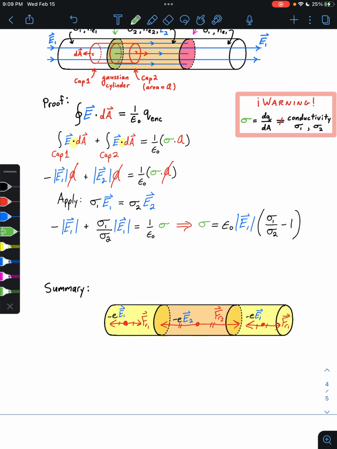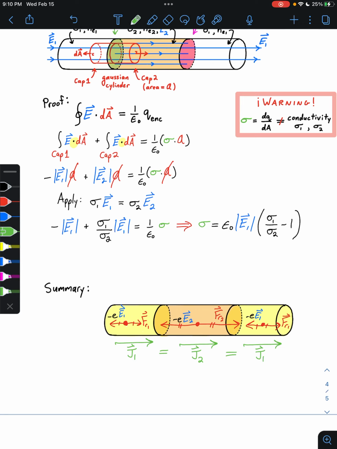And this is going to guarantee that we have the same current density in all three regions. Same current density, so that we have steady state flow. So that the current into the region equals the current out of the region, and we're not getting charge buildup inside the region. So those are all equal to each other.